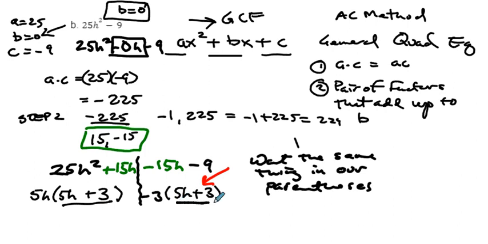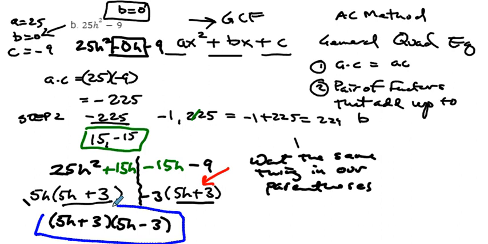We have the same factor. And so now my last step is I can pull that common factor out front, that 5h plus 3, and I can multiply it by what's left, which is 5h minus 3, and you have completely factored this binomial.